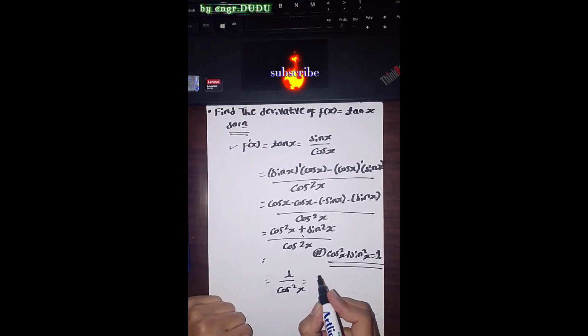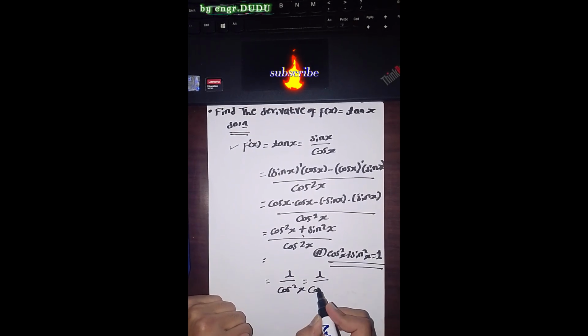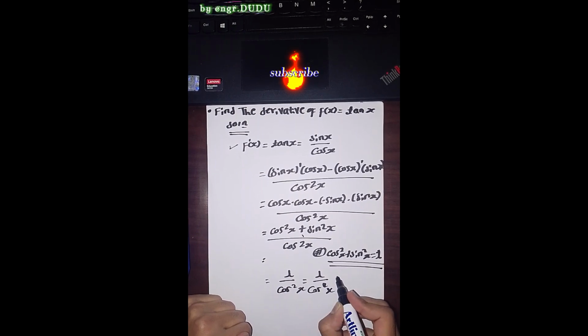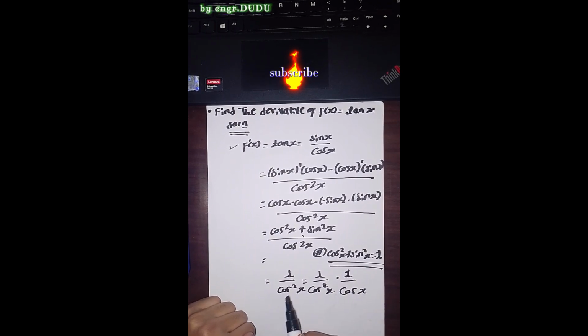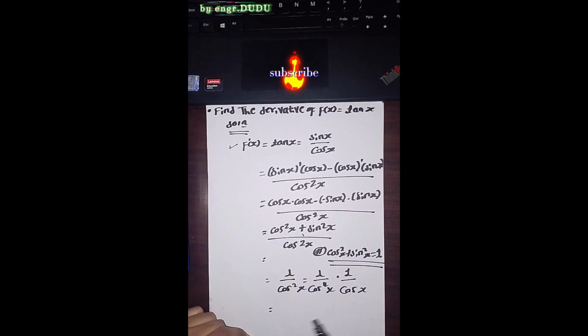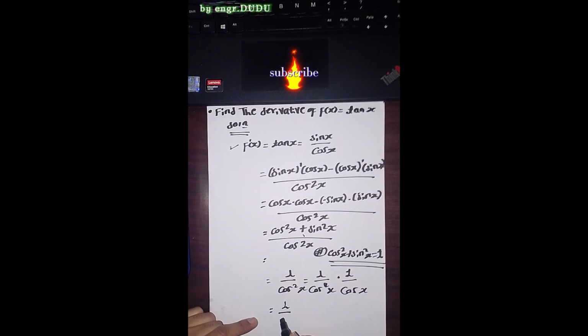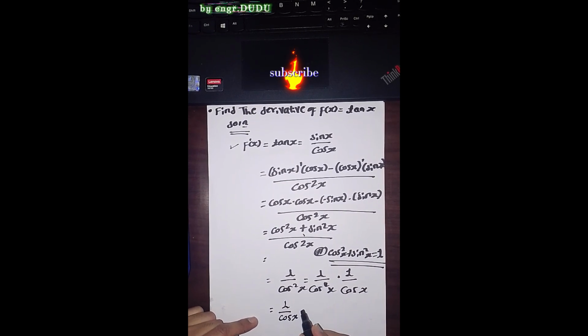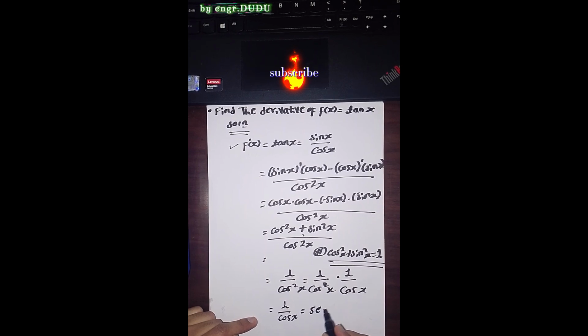This means 1 over cos square x, which means 1 over cos x times 1 over cos x. Then 1 over cos x is always equal to sec x.